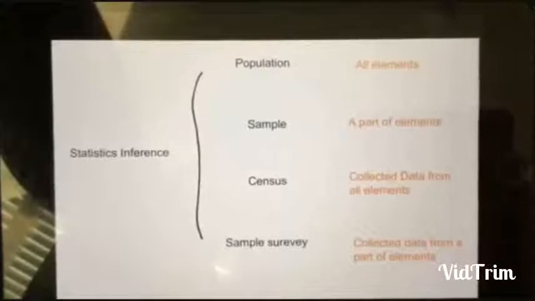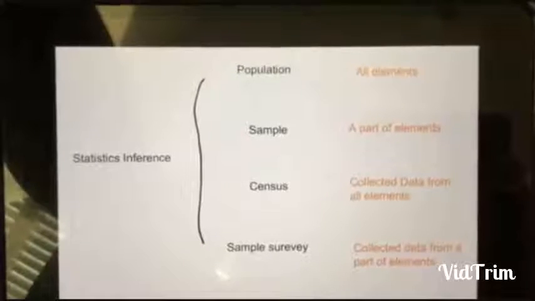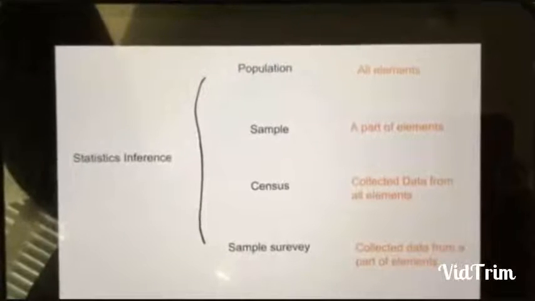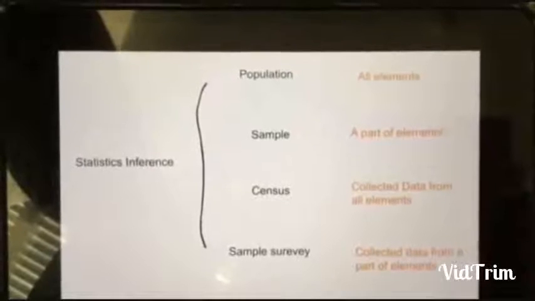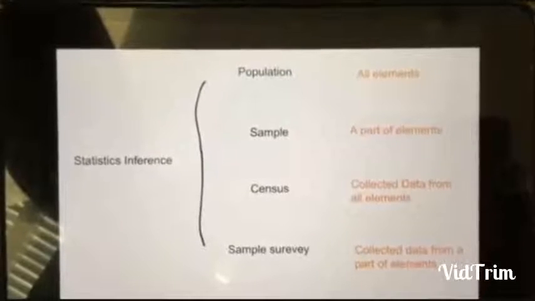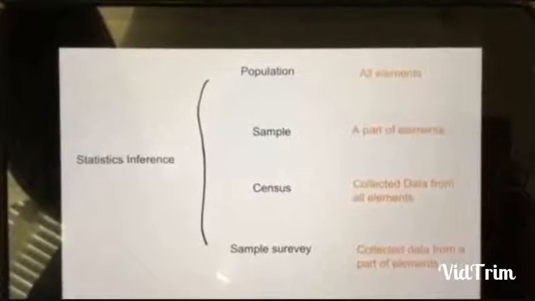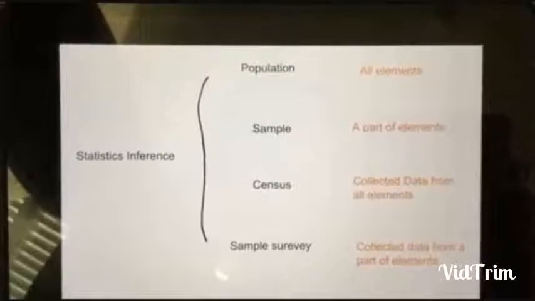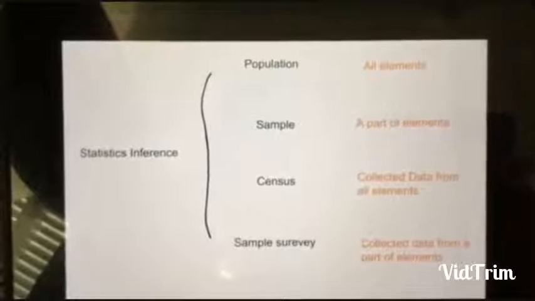I'd like to give an example. For instance, we do research about how many people like noodles in Bangkok. In this research, all the people in Bangkok are the population, but obviously collecting all the data, which is a census, costs too much and isn't worth doing. In this situation, we collect data from a sample, which is a sample survey, to save much money and time.